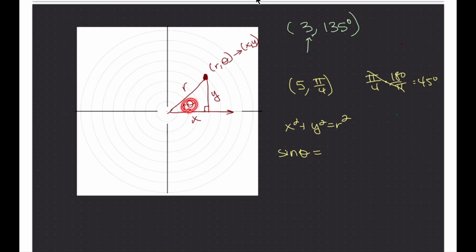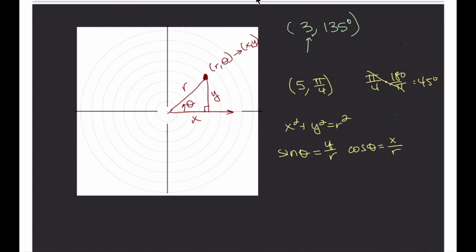Sine is opposite over hypotenuse, right? So that'd be my y over my r. What's cosine of theta going to be? Adjacent over hypotenuse. Yep, which would be our x over our r, right?